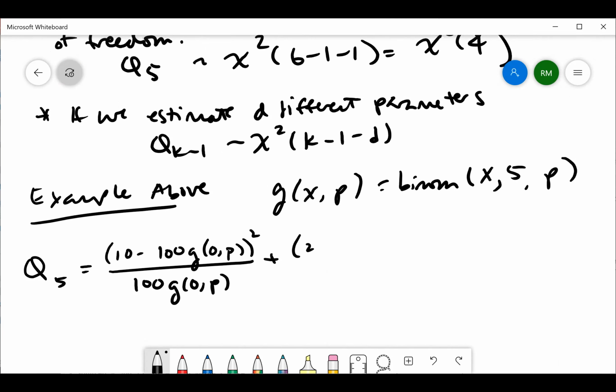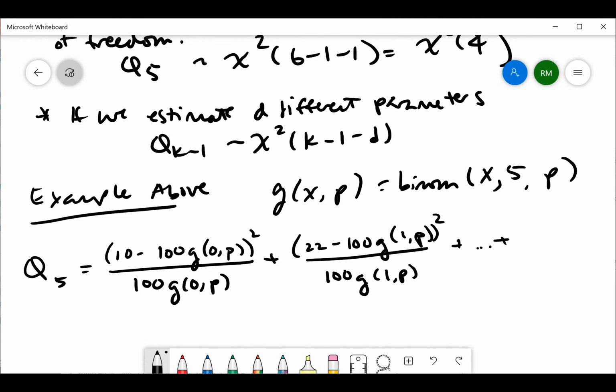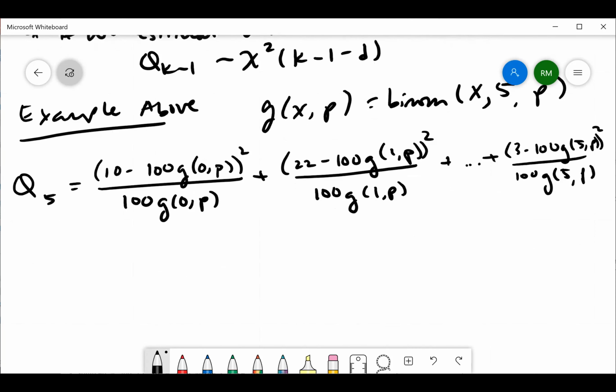I'll do another one before I just put a dot, dot, dot. So I don't know what this is equal to, but there's an expression using the formula for the binomial distribution. And we keep going until we get to the end.